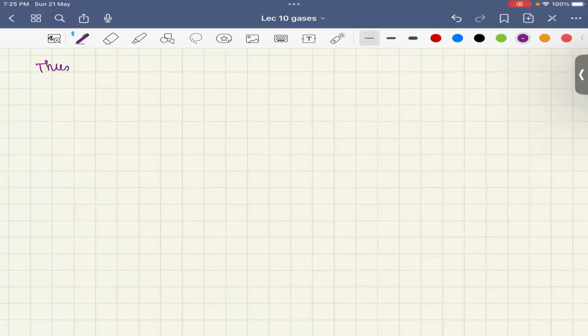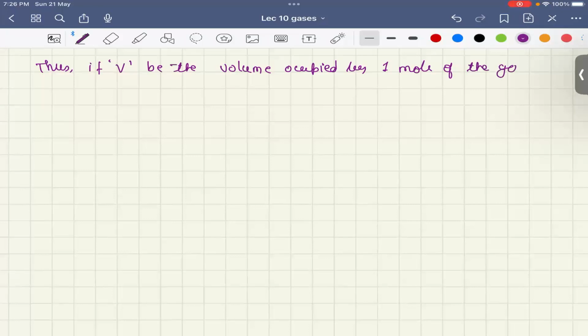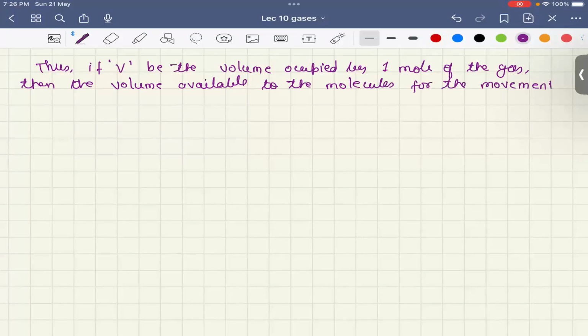Thus, if V be the volume occupied by 1 mole of the gas, then the volume available to the molecules for the movement, that is, the corrected volume, V corrected, is nothing but V minus b for 1 mole, right?